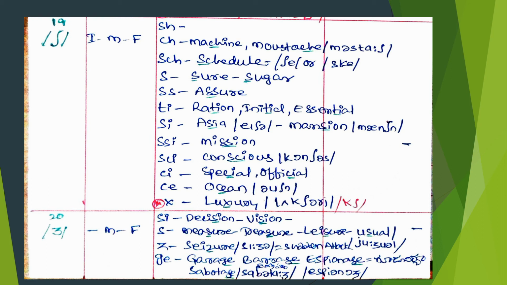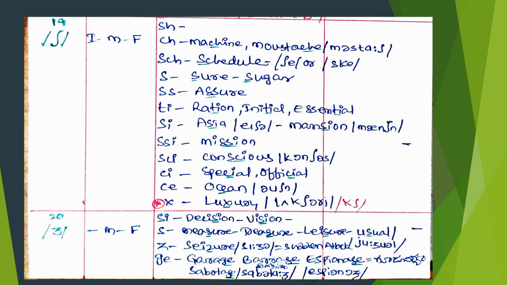And with the letters SI in words such as mansion and Asia. And it's also represented with the double S I, for example, mission.